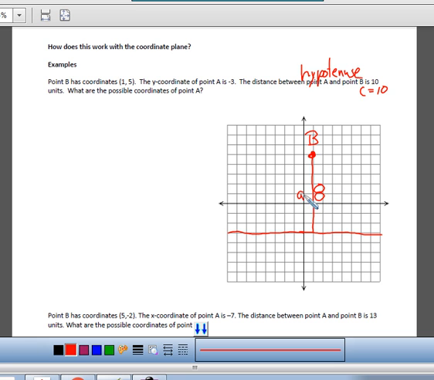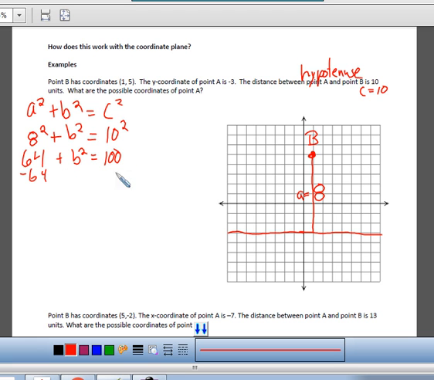I'm going to make that a from my Pythagorean theorem. So I have two sides, a and c, so now I just need to find b. Pretty simple, right? So a squared plus b squared equals c squared. So a is 8, b we don't know, c is 10. So 64 plus some number equals 100. Subtract 64.